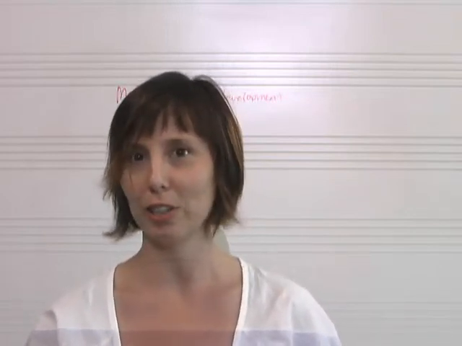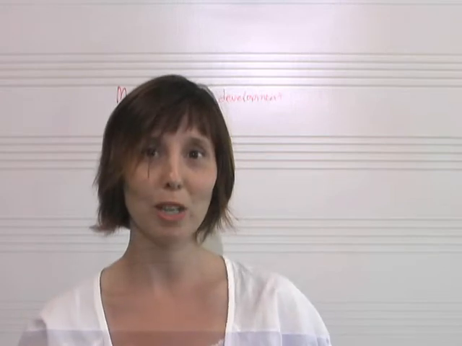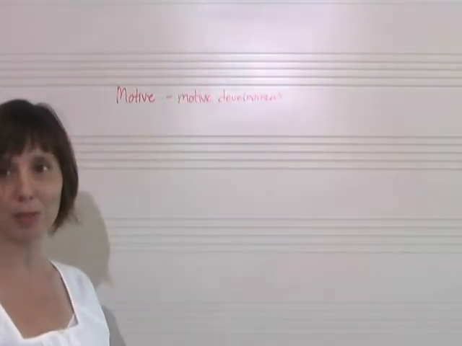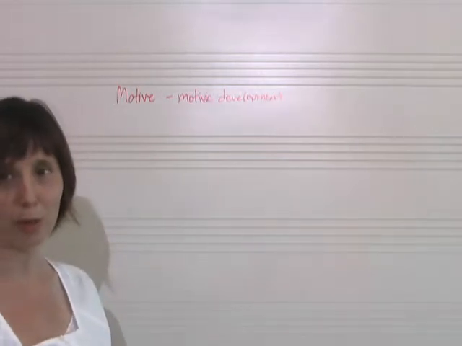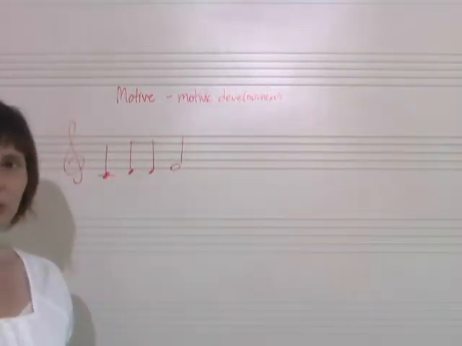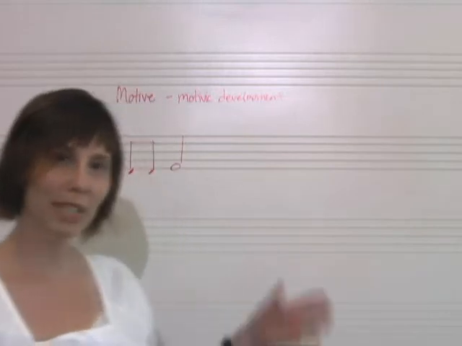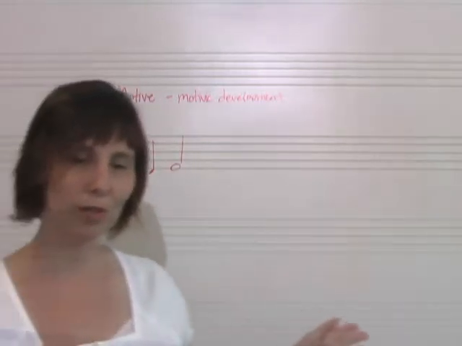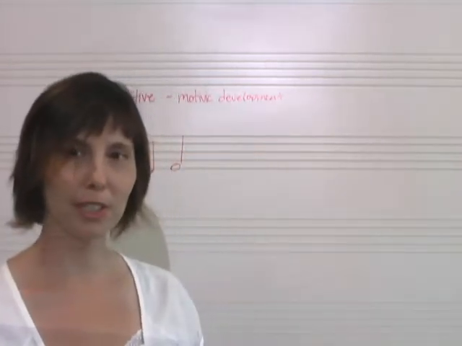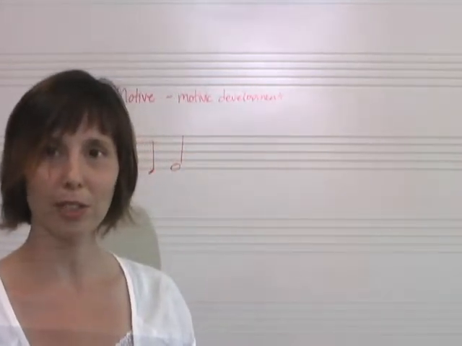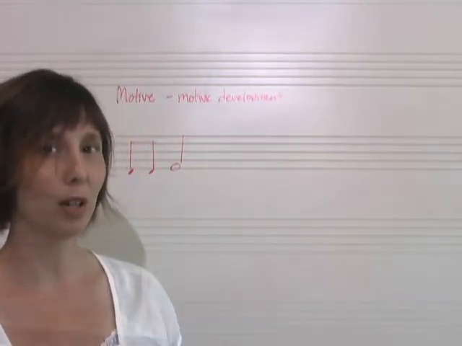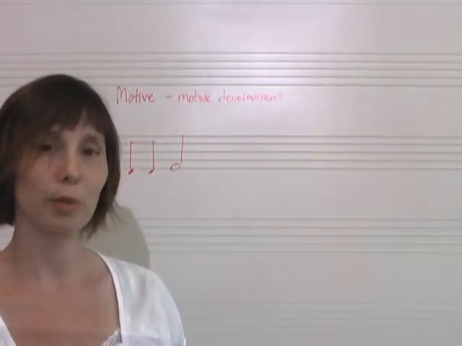So we're going to try that just for fun. And I'm literally just going to make up a motive right now. If we were in class, I would have asked a class member to make up a motive, but I'll do it since I'm here by myself. Okay, there's my motive. Now, since I'm in the key of C, I started my motive on C. One thing that makes my motive memorable is that it does have a rhythm, right? Just like all those other examples I played, it does have a rhythm, and that's part of what makes it sort of memorable.